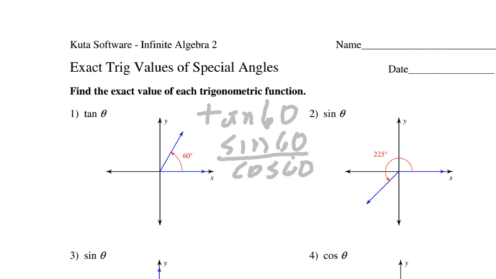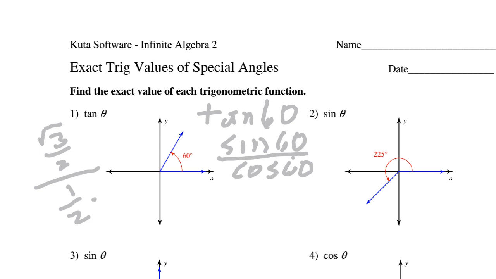Well, the sine of 60 is square root of 3 over 2. So that's going to be on the top. And then on the bottom, the cosine of 60 is simply going to be 1/2. Because you know that they match, square root of 3 over 2 and 1/2, like we talked about on the unit circle video.